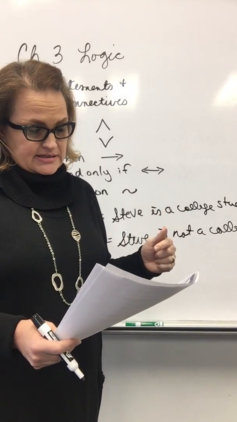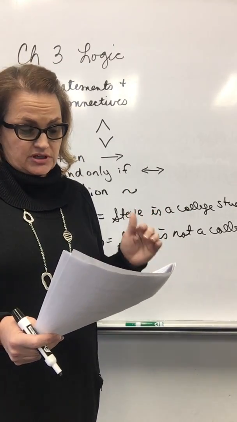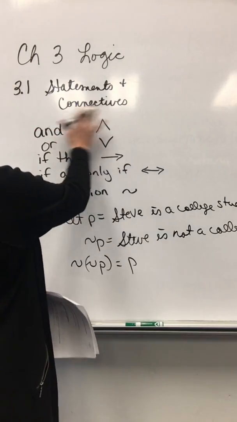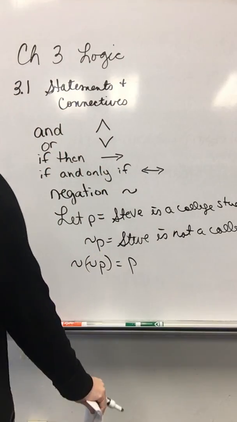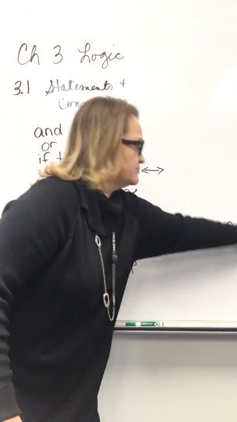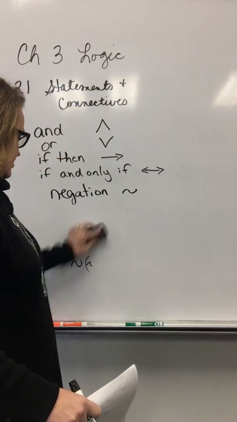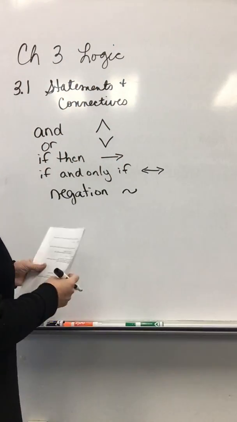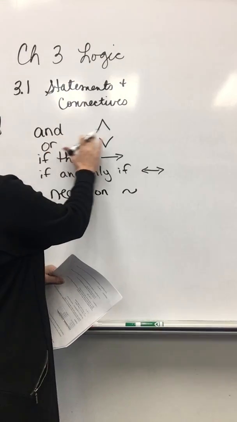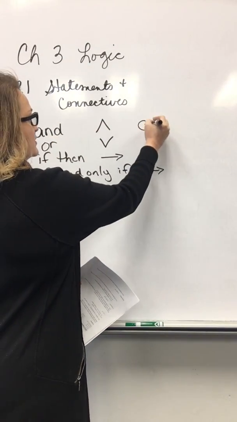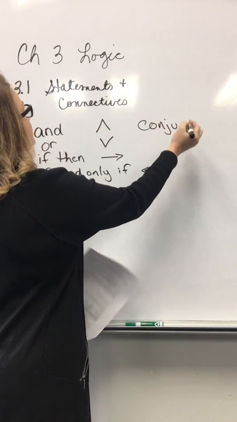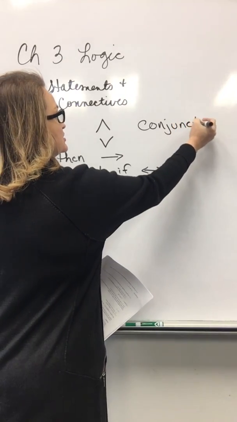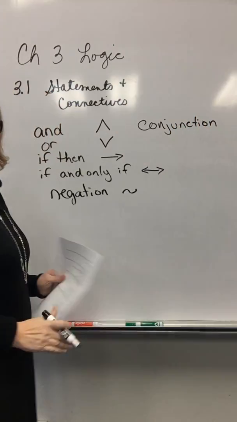All right, next, a conjunction. Continuing on with these four main categories of connectives that we use, plus the negation symbol we talked about, we have some words for this as well, and you'll see that in your note packet. Whenever we have an and connective, we call that a conjunction.